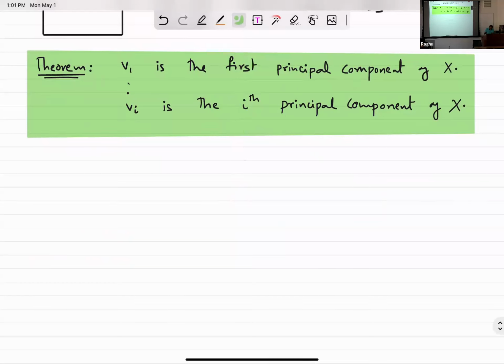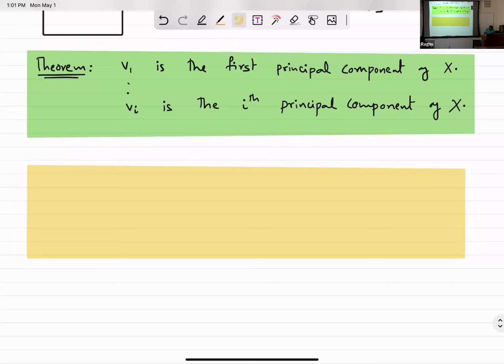This is kind of nice, and it's a little bit easier, in fact, than showing the next one. Theorem 2, this is due to Eckart, Young, and Mirsky, a theorem from 1936.